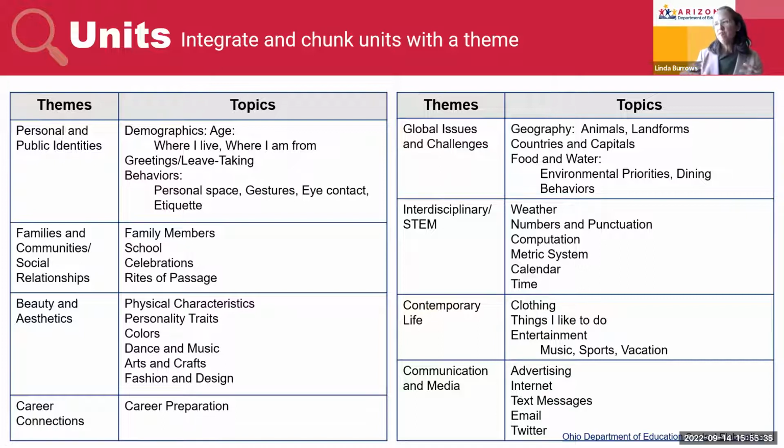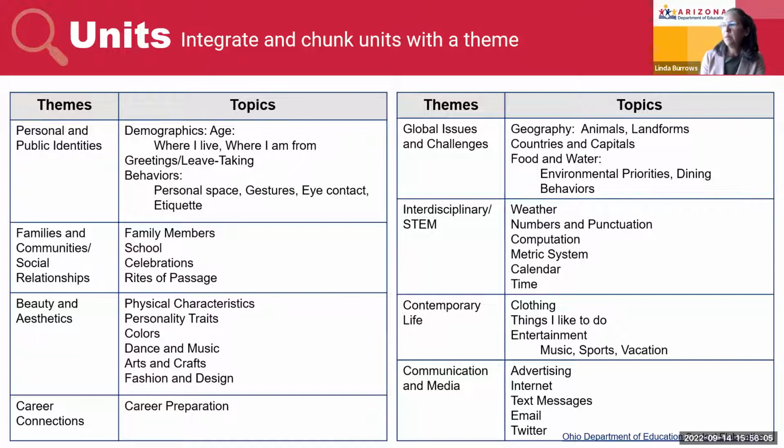Those kids are so eager to learn and have so many hormones and so much energy, and yet they want to feel important and want to feel valued. I would love to go back and use the UN sustainability goals to really guide my teaching, because they're so curious and concerned with the environment. And so use that to bring in looking at geography, capitals, food, but also environmental priorities, dining behaviors, things like that.